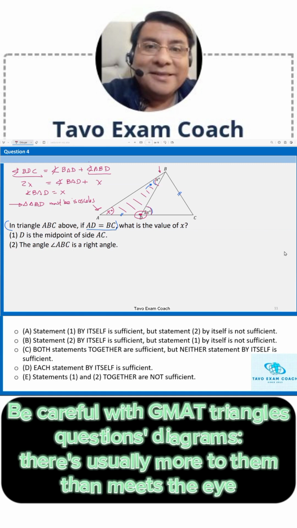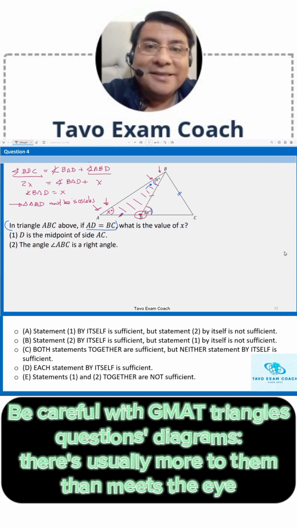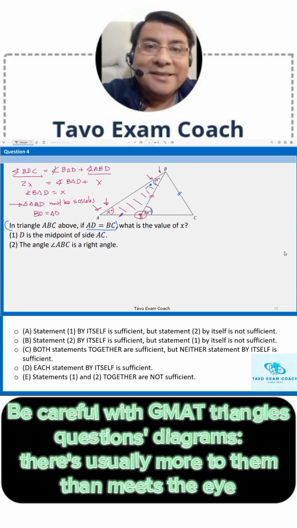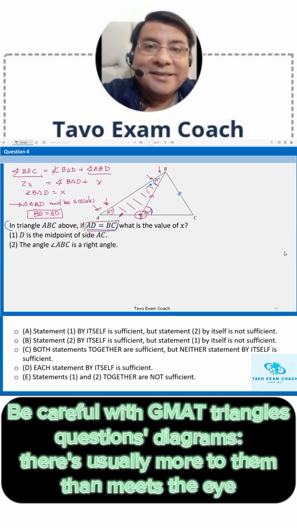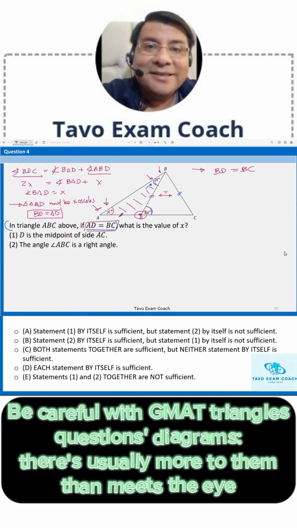So, the sides that are opposite to those equal interior angles must be equal in length too. So, AD must be equal to BD. We know that BD equals AD, and at the same time we know that AD equals BC. So if I put together this and this, what follows? That BD and BC must be equal as well. These two sides are the same in length.